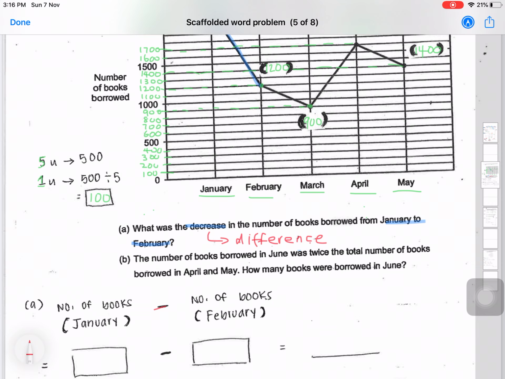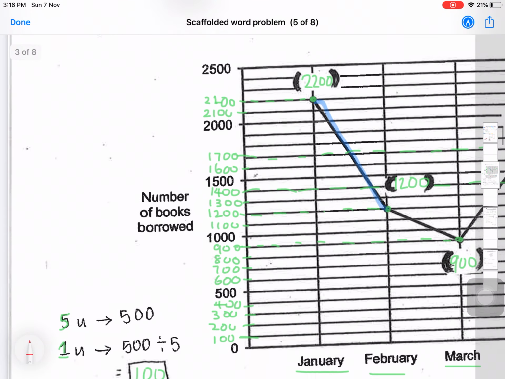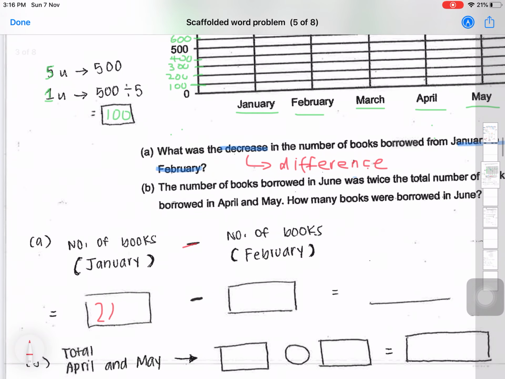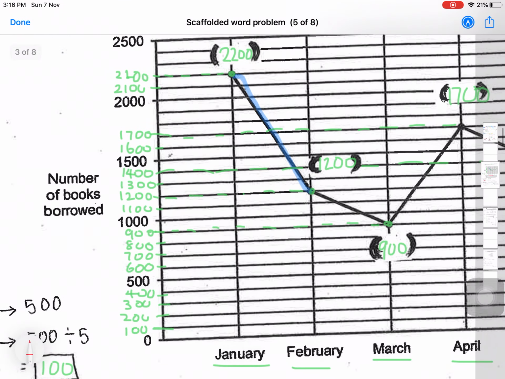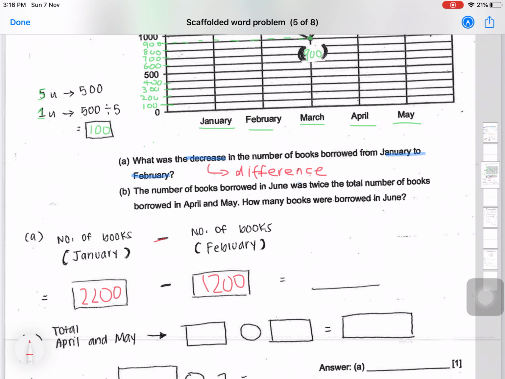Number of books in January is 2,200. So let's write down 2,200. Number of books in February is 1,200. Let's find the difference. Do workings on the right side. 2,200 minus 1,200.